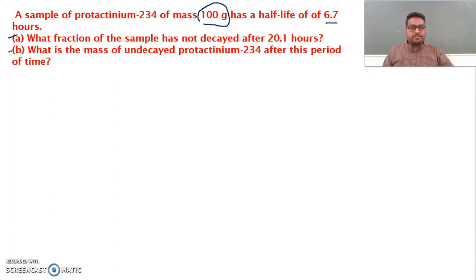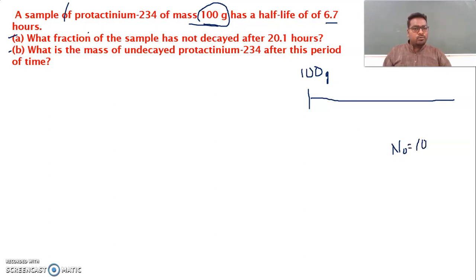It's very simple. This is a radioactive process. The initial concentration, in the beginning, is 100 gram, given in the problem, the value of N0. Initial concentration is 100 gram protactinium 234.